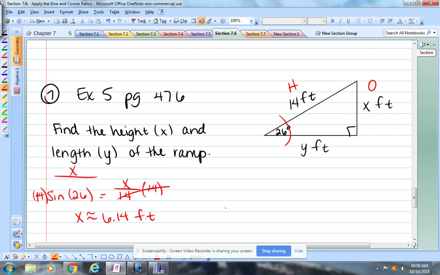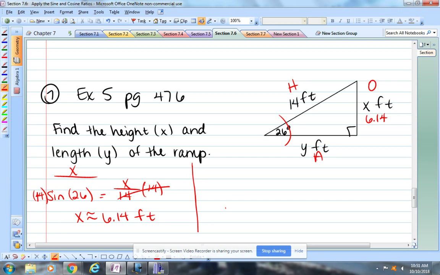Now, let's go ahead and use the other. There's 2 different ways I can get the last length. Can somebody tell me one way? Cosine, because it's adjacent. Is there a second way I can find that one? Yeah, now that I know a hypotenuse and one leg, I can find the other leg by using Pythagorean theorem.